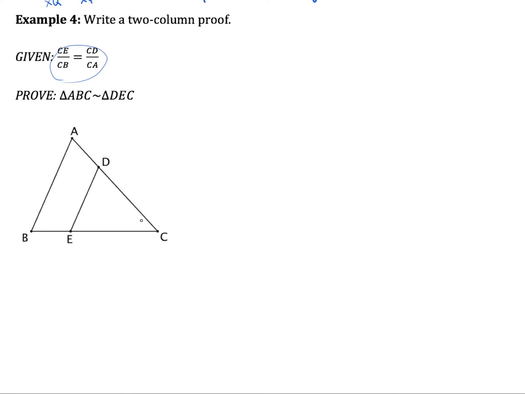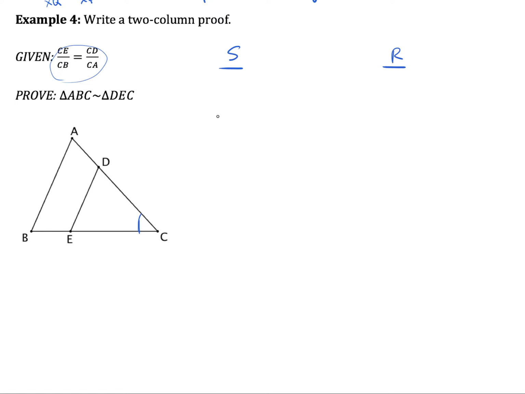Moreover, we might notice that the angle that's between those pairs of corresponding sides is angle C. It's the angle between the two sides for the smaller triangle here, triangle DEC, and it's also the angle that's included between the sides that we were looking at up here for triangle ABC. So we actually have, based on this information and this reflexive property congruence right here, side angle side similarity that would prove that these two triangles are similar. So this looks like it's going to be a pretty straightforward proof.